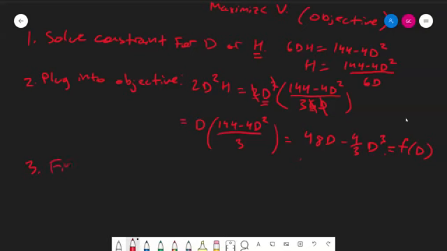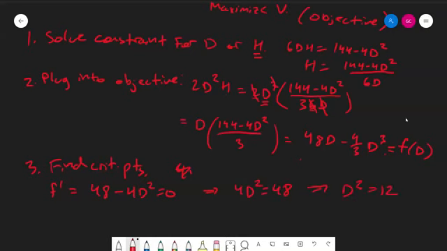I want to find the critical points. So we set f prime equal to 0. f prime is 48 minus 4d squared. If that's going to be 0, that means I want 4d squared to be 48, and so d squared is 12.